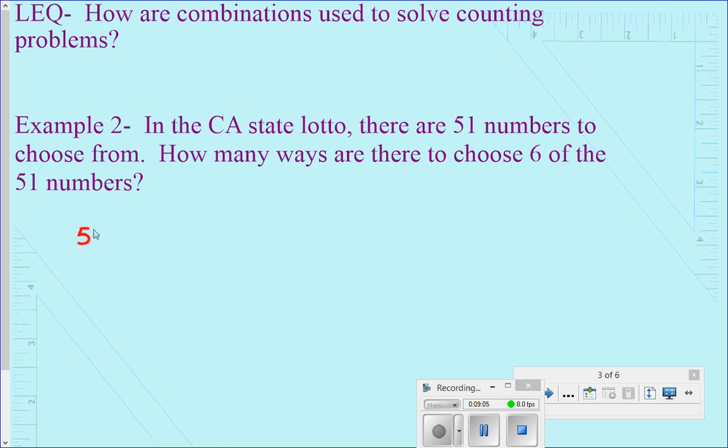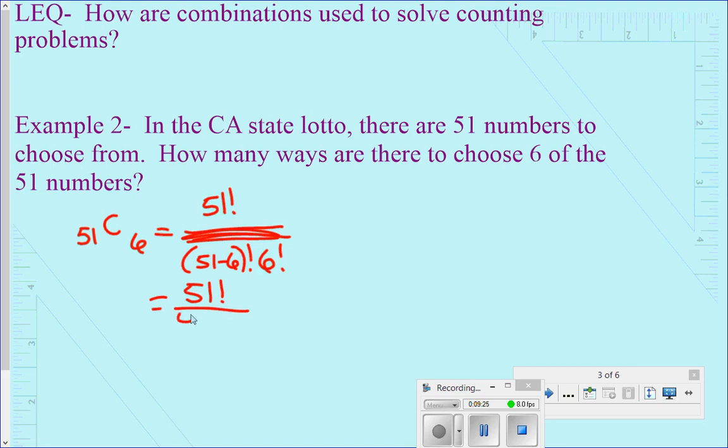So 51C6 is what we're doing. Now, we don't know what 51P6 is, so we're not going to use that first formula. We're going to use the second one, which says 51 factorial over 51 minus 6 factorial times 6 factorial, which gives us 51 factorial over 45 factorial times 6 factorial.